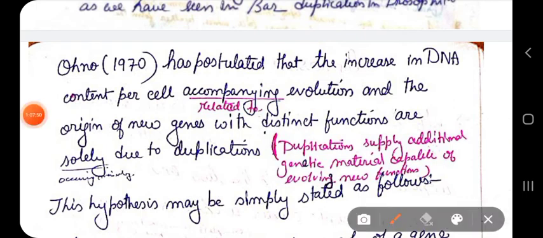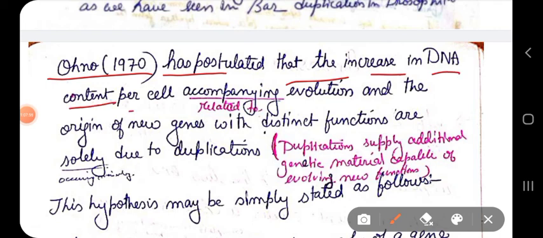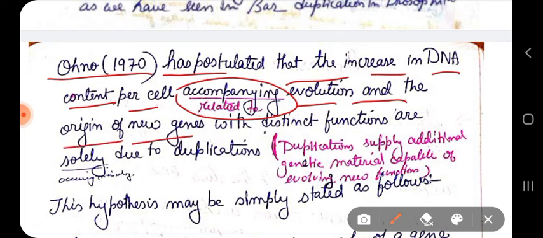Ohno, in 1970, postulated that the increase in DNA content per cell accompanying evolution, and the origin of new genes with distinct functions, are solely due to duplications. Ohno is actually an evolutionary scientist. He postulated that if there is an increase in the DNA content, there is a chance that mutation can occur in the duplicated DNA region, leading to the formation of new genes with distinct functions.